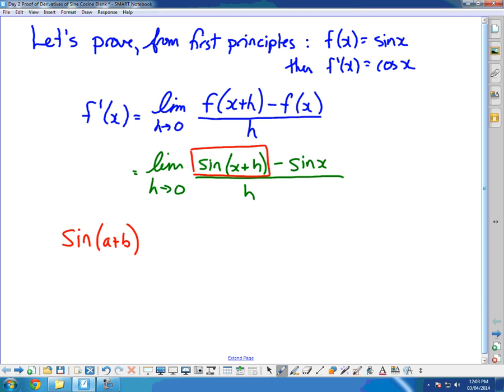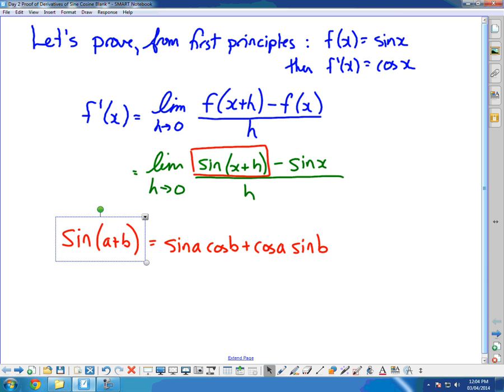And sine a plus b was sine a cos b plus cos a sine b. So let's remember that from last semester and use that in this compound angle.